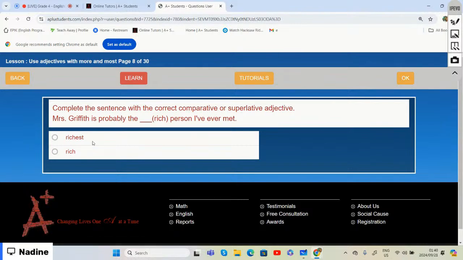So do we say Mrs. Griffin is probably the richest person I've ever seen or the rich person I've ever seen? Which one is correct?